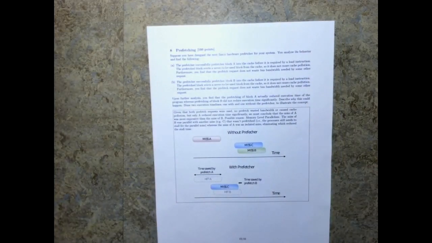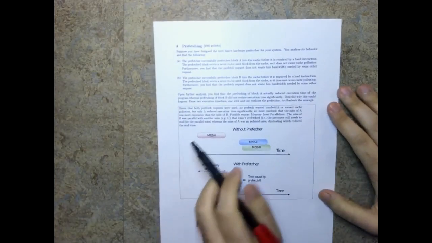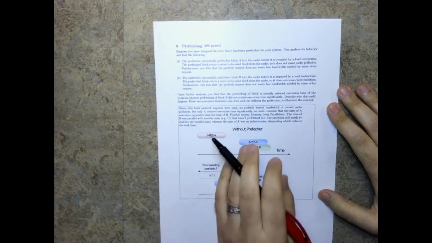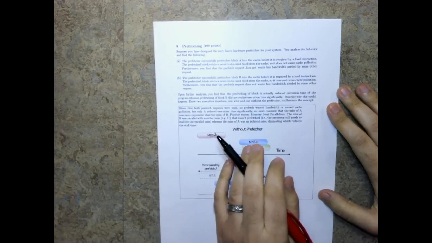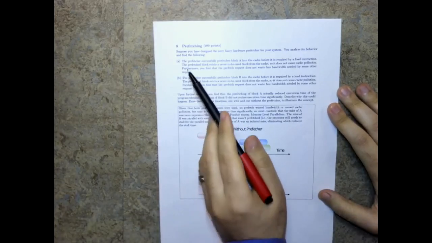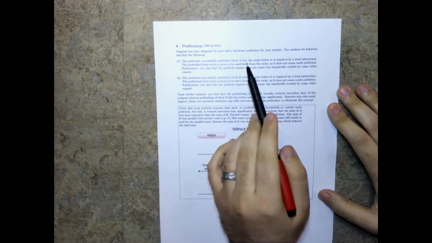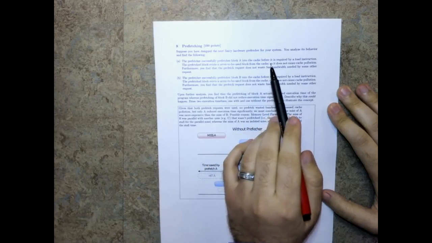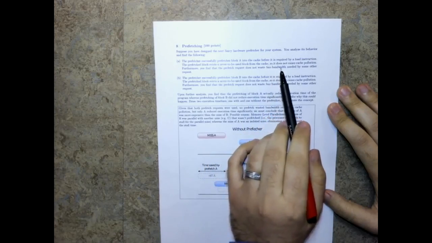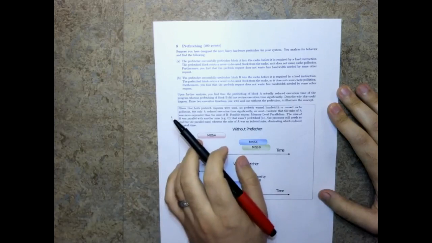Okay, let's go through question 8. In this question, we have a very good prefetcher. In part A, it prefetches block A before it is required by the load instruction. It means that it has good timeliness.